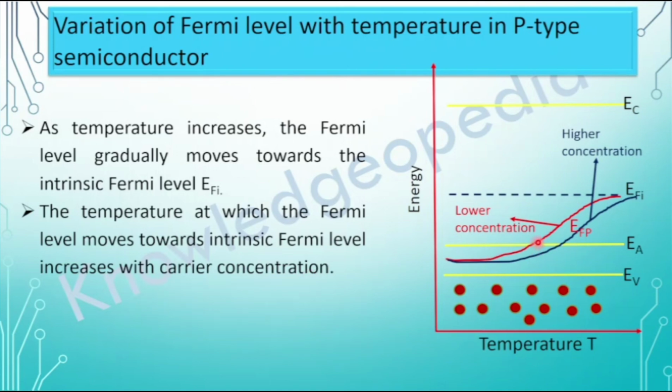This is the carrier concentration. It starts moving towards the Fermi energy at a lesser temperature, and if the concentration is more, then it will move to the Fermi energy at a higher temperature. This is how the Fermi level varies with temperature in case of p-type and n-type semiconductor.